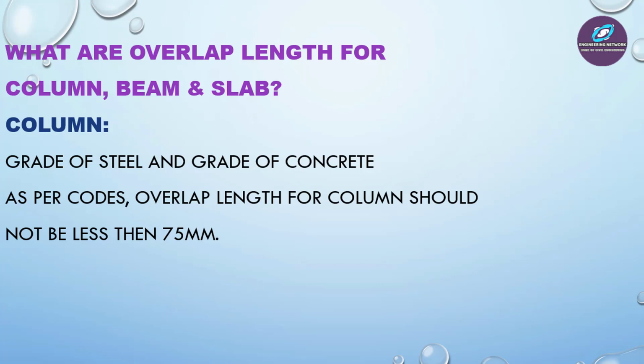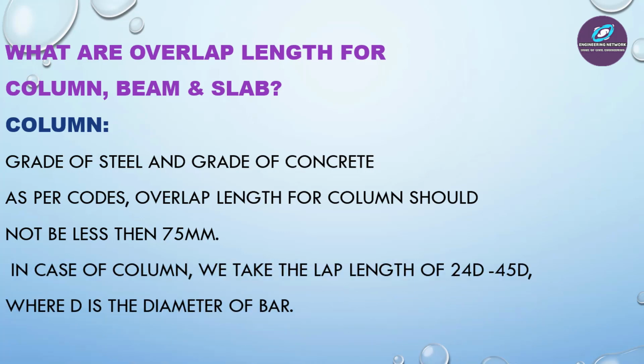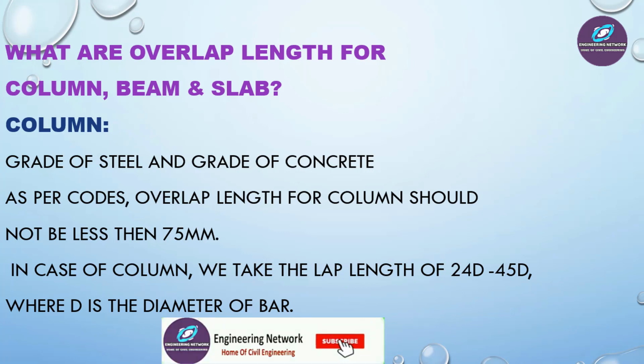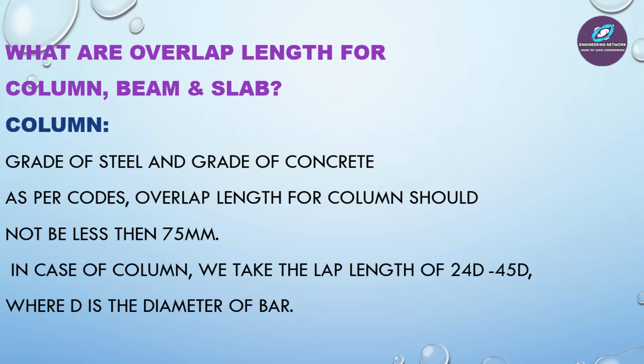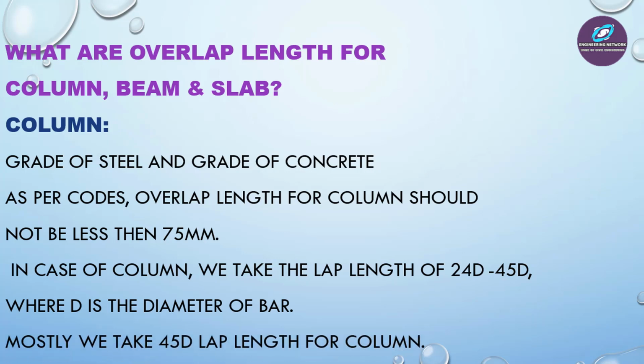In case of column, we take the lap length of 24D to 45D, where D is the diameter of bar. Depending on the type of steel used in your structure and concrete, you have to choose the lap length, but mostly we take 45D lap length for column.